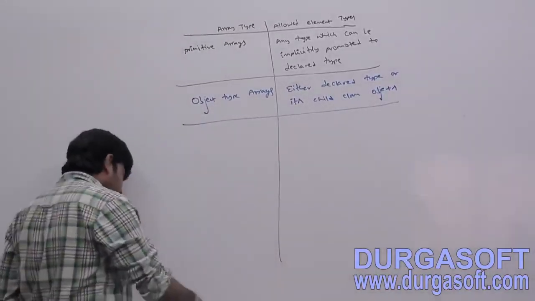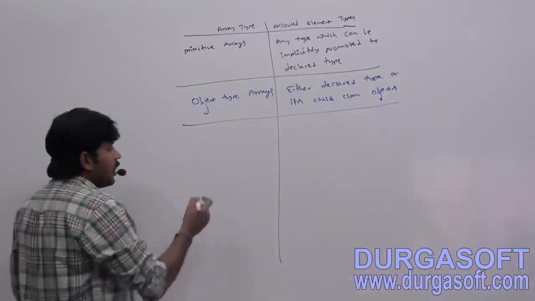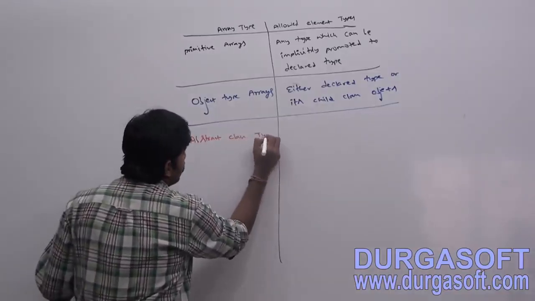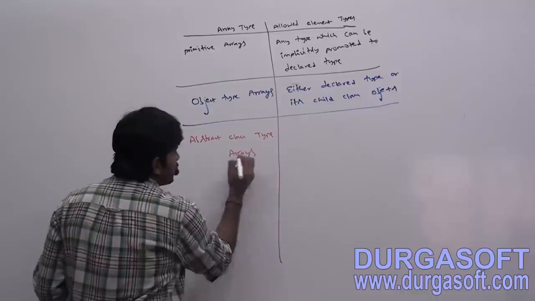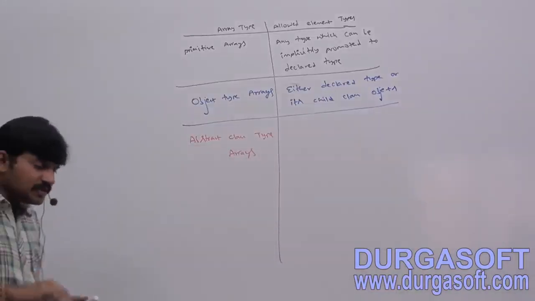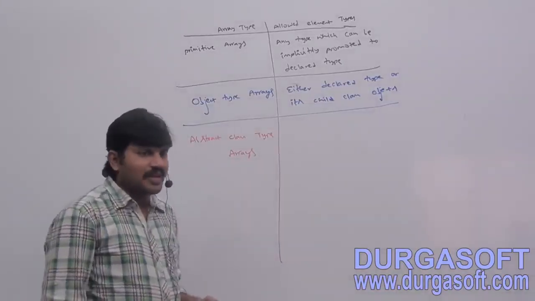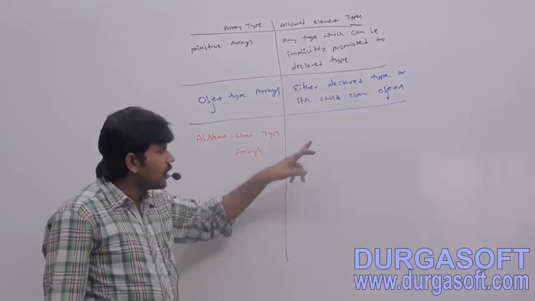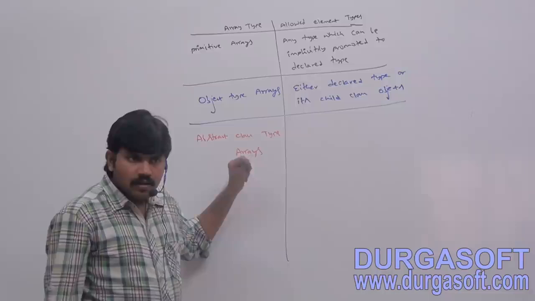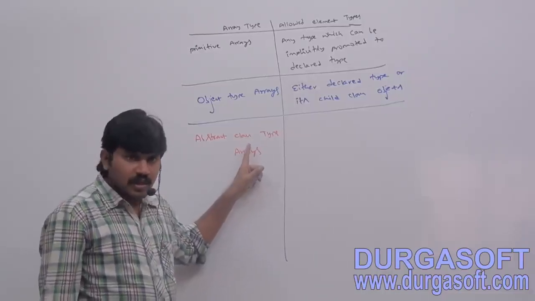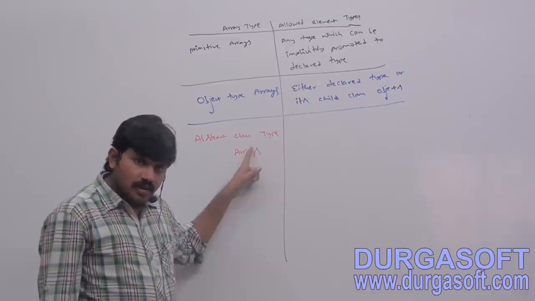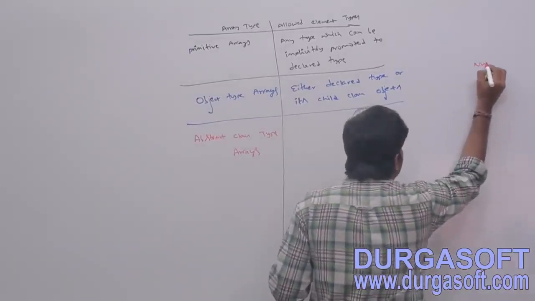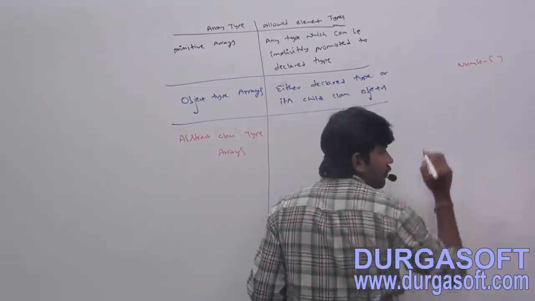Next, third one: abstract class type arrays. Which thing is allowed? We covered this case, the Number example.